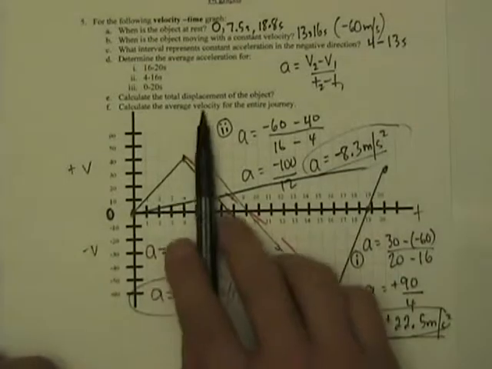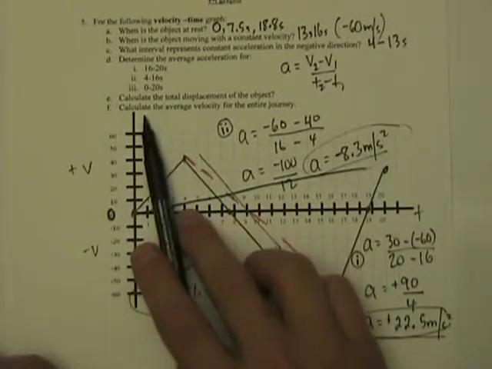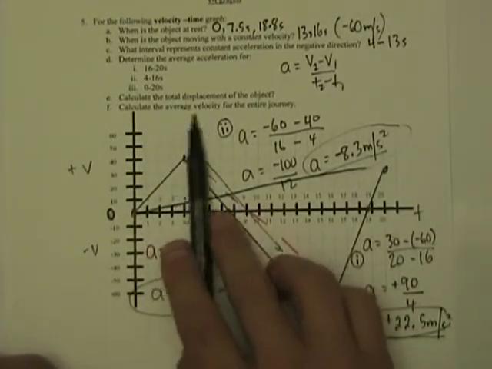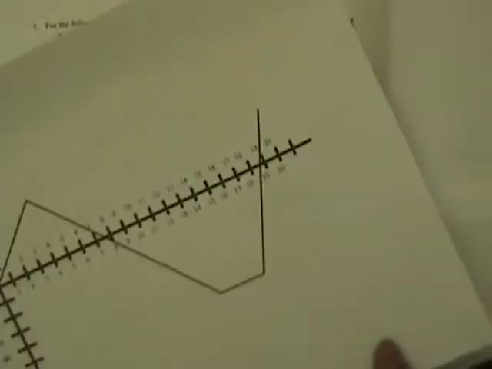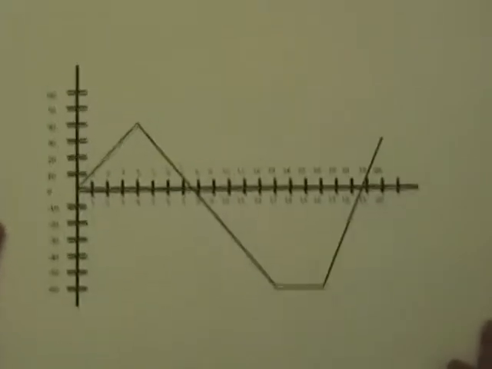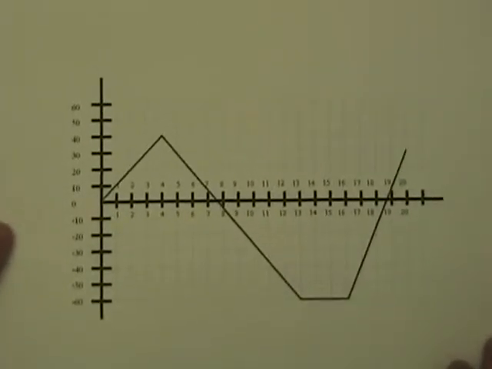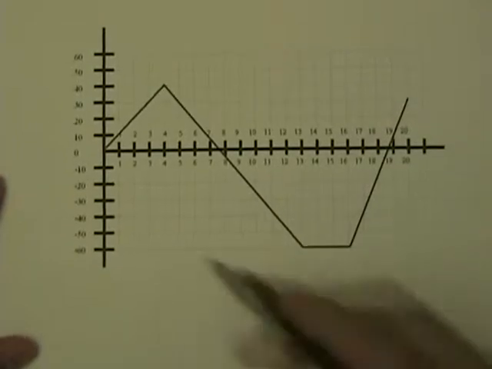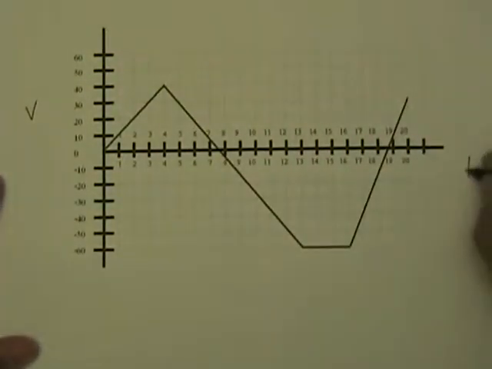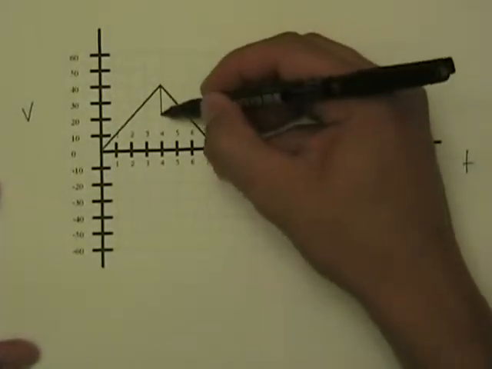Next, we got to find total displacement of the object and then calculate the average velocity. That's a tricky one right here, average velocity. Total displacement is not that big of a deal. I'm going to get a bigger graph and we're going to find total displacement. To find total displacement on a VT graph, you need to find areas. So you're going to break this thing down into areas.